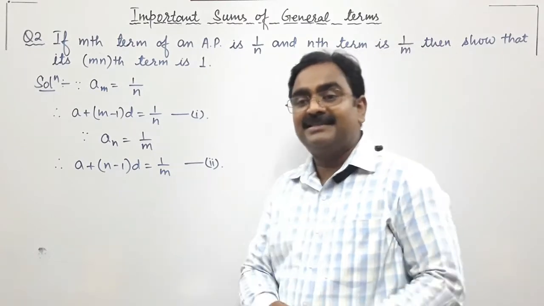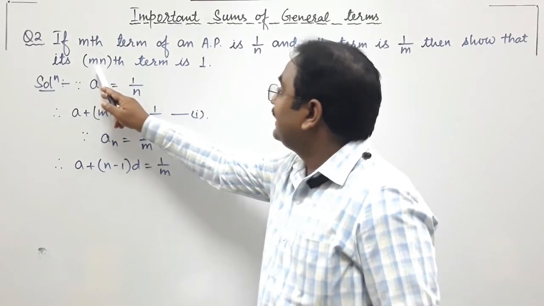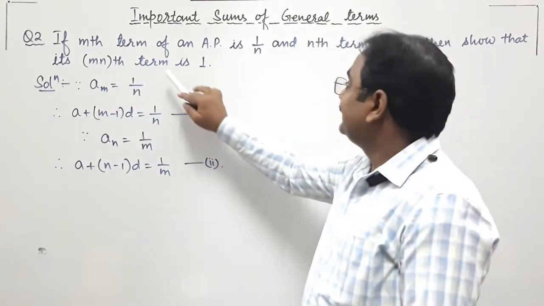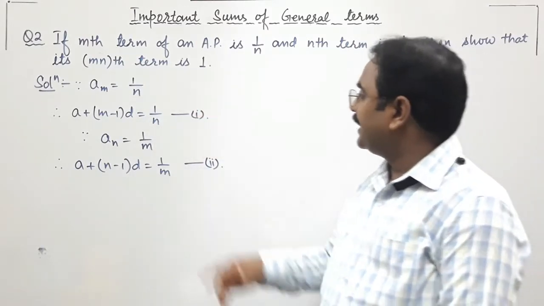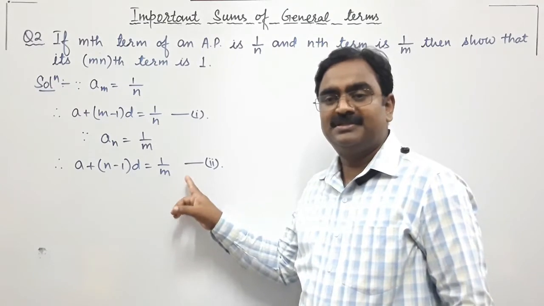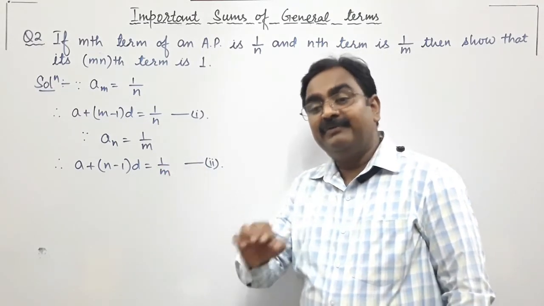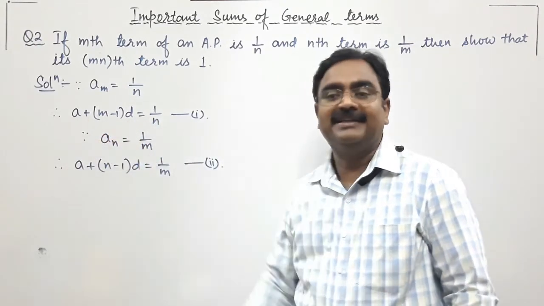Now what is the question asking? It is asking for m into the nth term. Okay children, so first of all we have to solve these two equations, equation number 1 and 2, and we will get the values of the first term a and the common difference d.